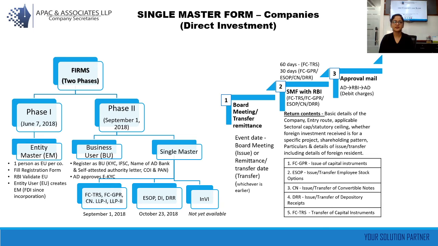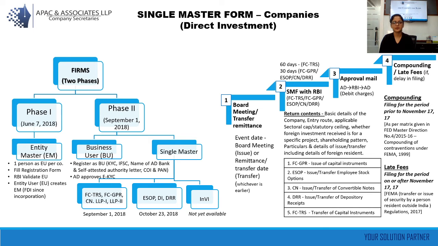If the concerned return is not filed within the specified time limit, that is 60 days or 30 days, as the case may be, there can be two consequences depending upon the event date of the transaction. If the said return pertains to a period prior to November 17, 2017, then a compounding mail would also be received from RBI at the approval stage, and the applicant needs to apply for the same at the earliest.